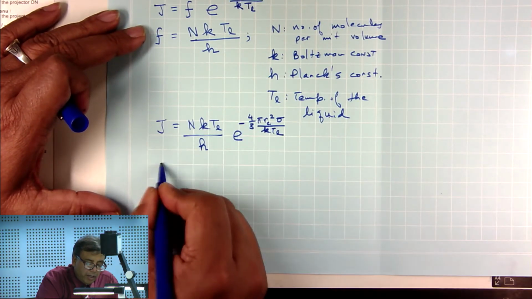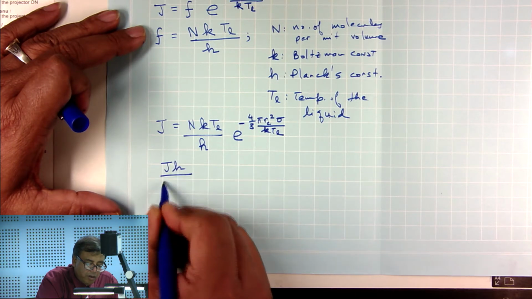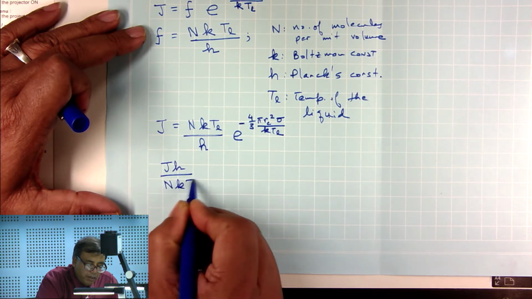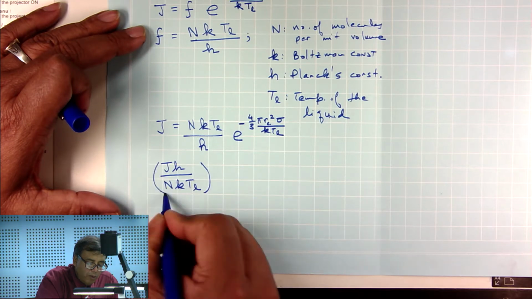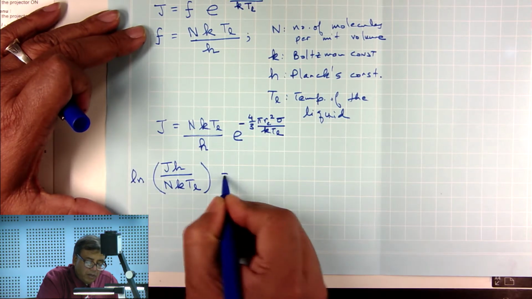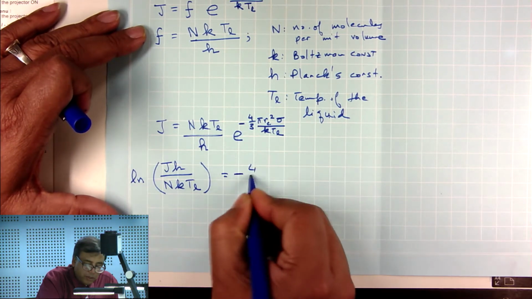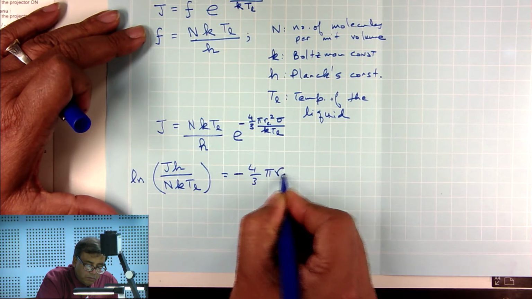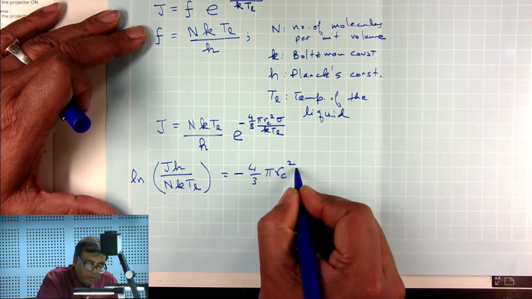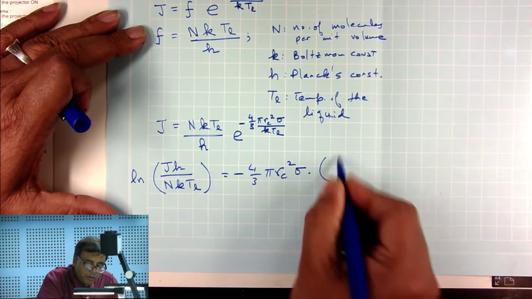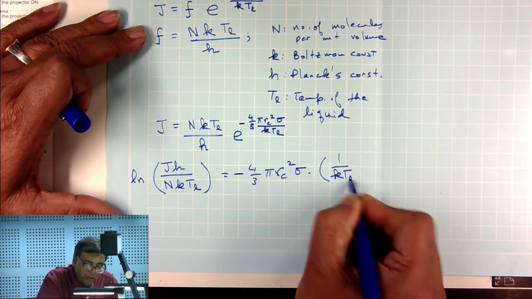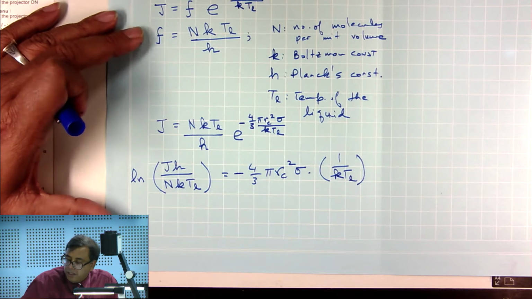So, I can write down J H by n k T L. If I take the log of that, I will end up with minus 4/3 pi R C square sigma times 1 by k T L.